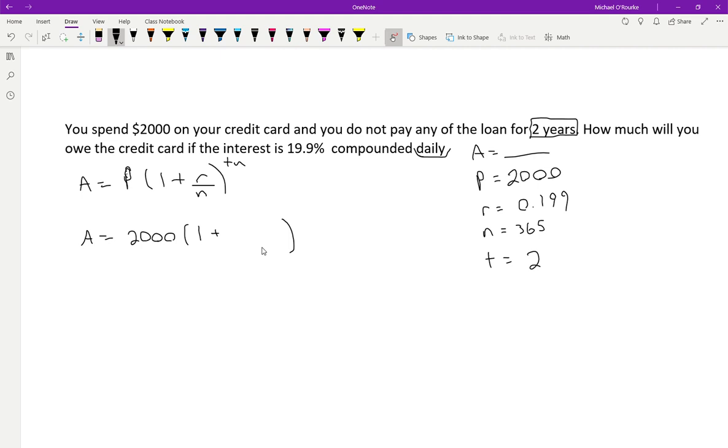This is an example of how credit cards could go really bad if you don't pay off a credit card. This would be questions just like the homework.